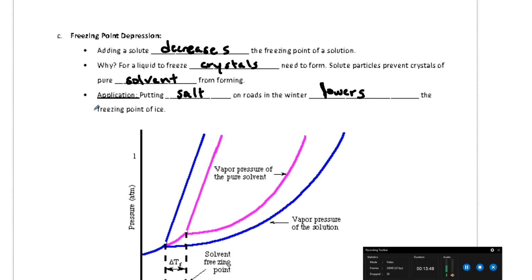Now, this freezing point depression, normally in class we do a very fun activity of making ice cream. And we use this freezing point depression. So what we do is we make a bag full of ice and salt. So we add salt to ice to lower the freezing point so that we can achieve a temperature much below 0.